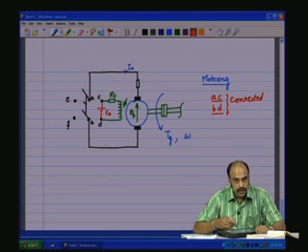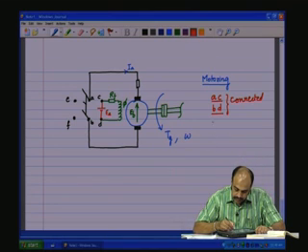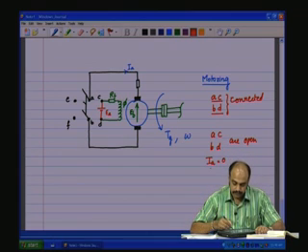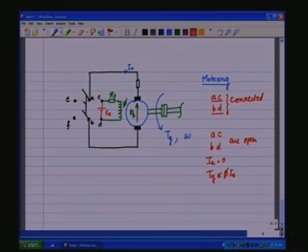IA equal to 0 means force to 0. What happens to TG? TG being proportional to phi IA, TG also becomes 0. There is no generated torque, but there will be inertia on the mechanical side which will make it continue to move.